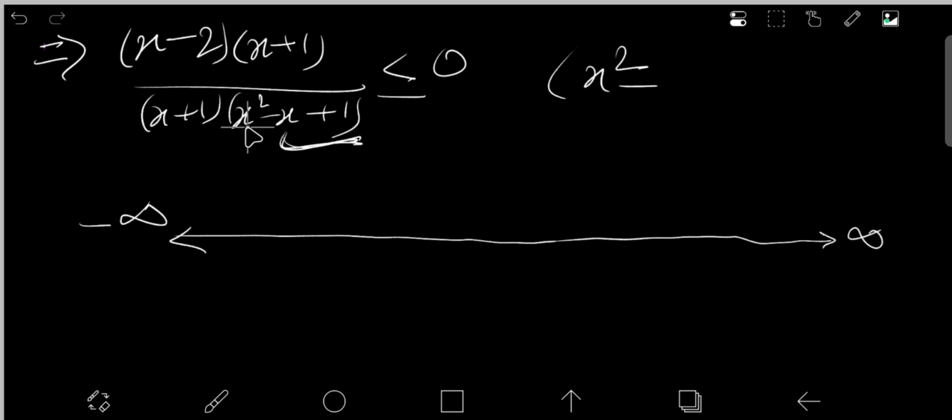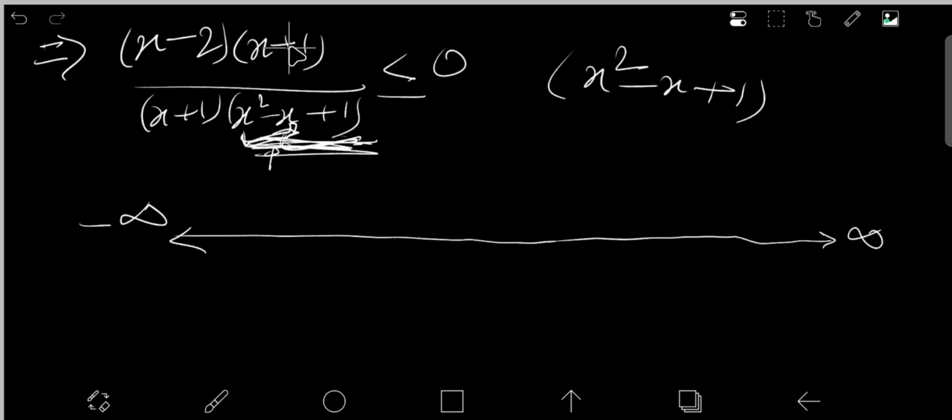This is the biggest term and this one is minus, so this term makes it plus, and this one is also plus, so this is positive. So we skip this term because it does not affect the sign, and we don't take its roots.